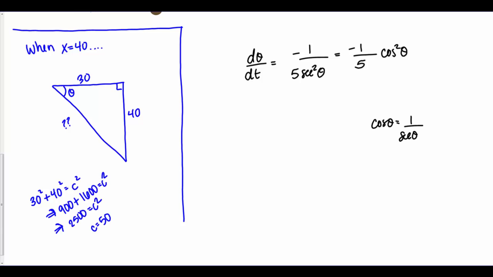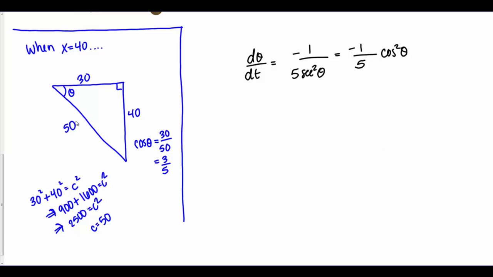And if you work through the details there, you're going to find that this hypotenuse has a length of 50. So then once we have that piece of information, we can just read off the cosine of theta directly from our triangle, right? The cosine should be the adjacent side of my angle theta, which here is 30, over the hypotenuse. So that gives me 30/50ths, or if I reduce, 3/5.